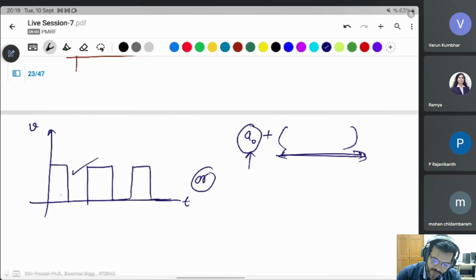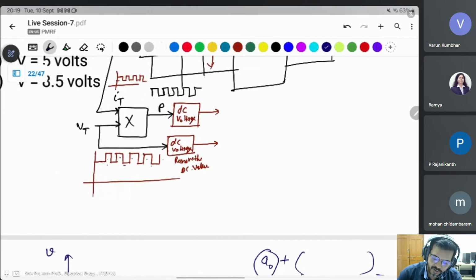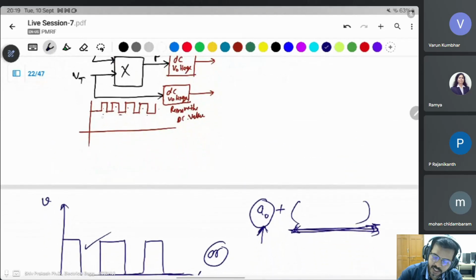That's why every signal which is not pure DC has a DC value, and after that it contains harmonics. This is not a pure DC signal, not a pure AC signal, so there is some DC value here. The average value is known as the DC value.